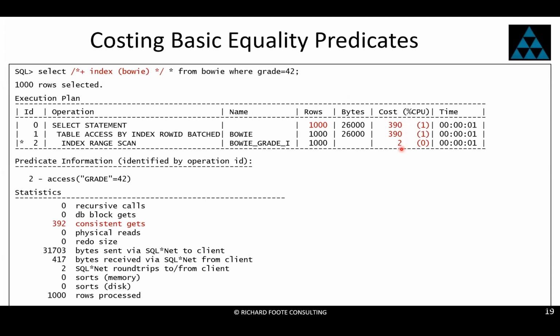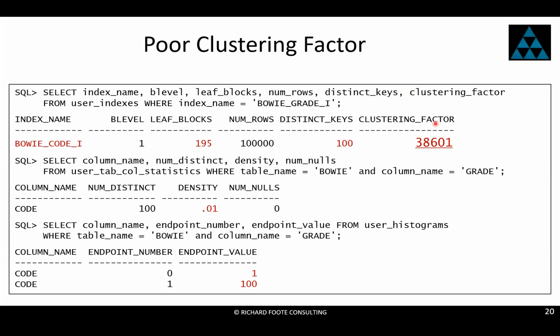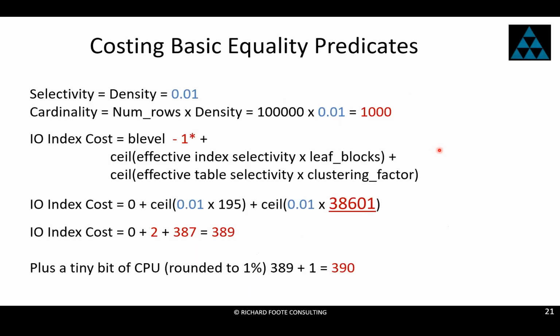It's 2, just as it was previously, but it's much more expensive, says Oracle, to get the data out of the table. And the reason why comes back to the clustering factor. The clustering factor for the grade column is terrible, because I've been inserting that in a random order inside my table. And because I've got a terrible clustering factor, when I use my formula, which is still 1%, it's still only 1% of my index. So the index cost is the same.